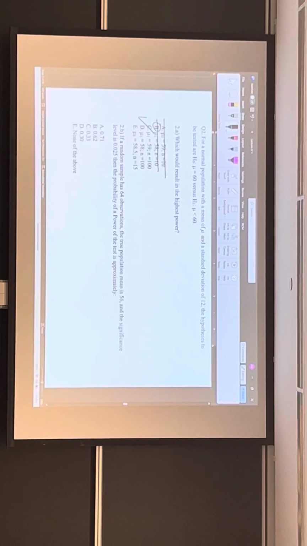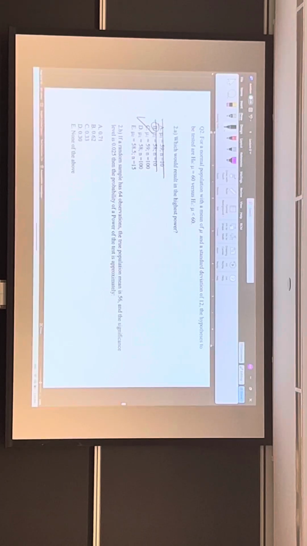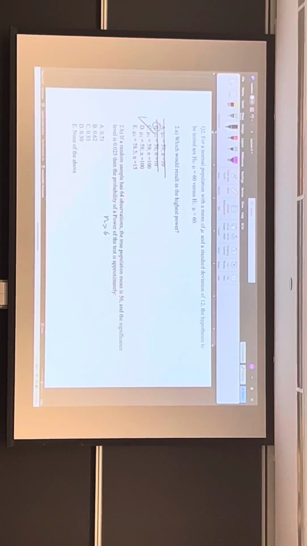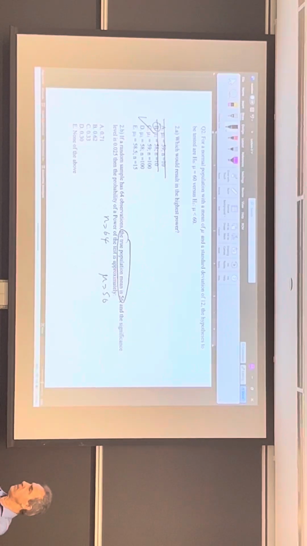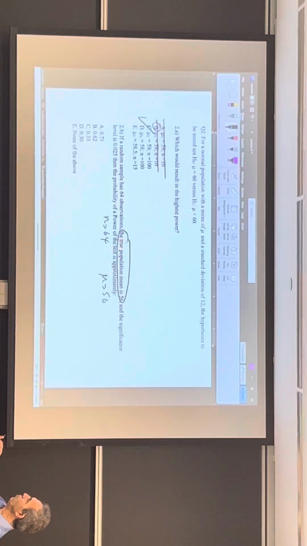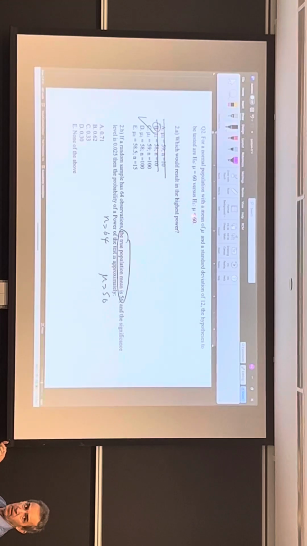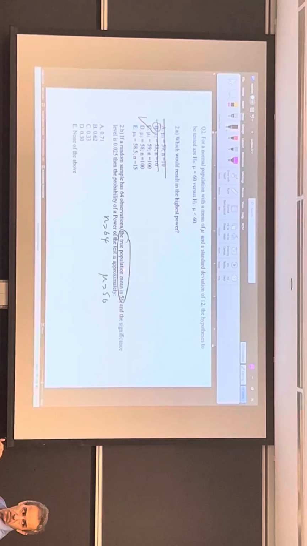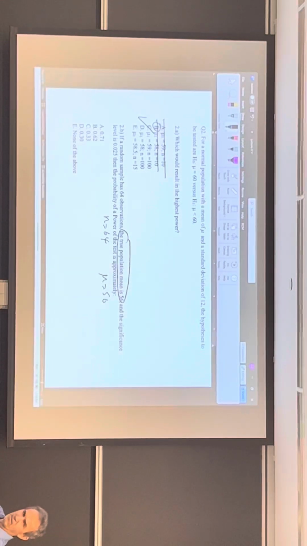Part B of this question asks me to actually find the beta. The sample size is given as 64. The alternative is 56. The question says the true population mean is 56. It doesn't say alternative, but if you read the true population mean, it's in line with the alternative. It doesn't have to say it.